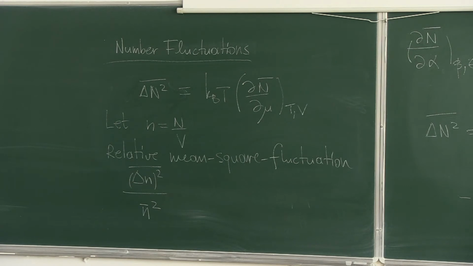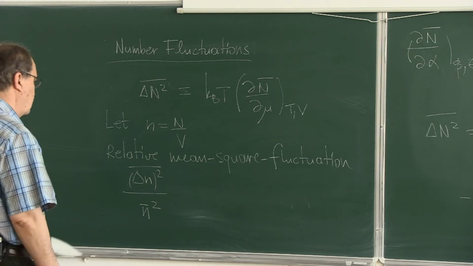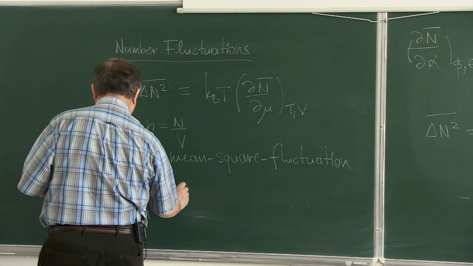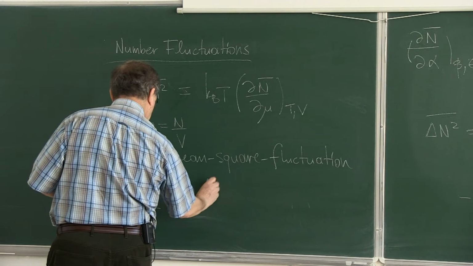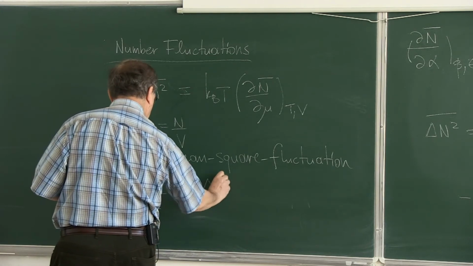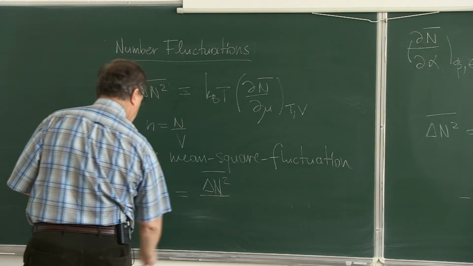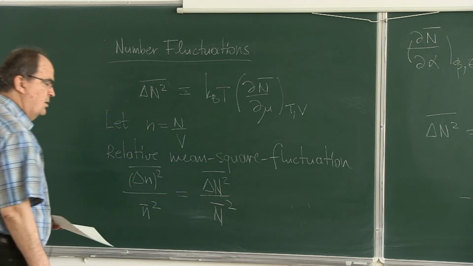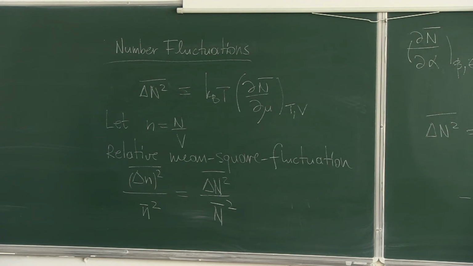This is the relative fluctuation. That is going to be exactly equal to our total number of particles squared average, isn't it?